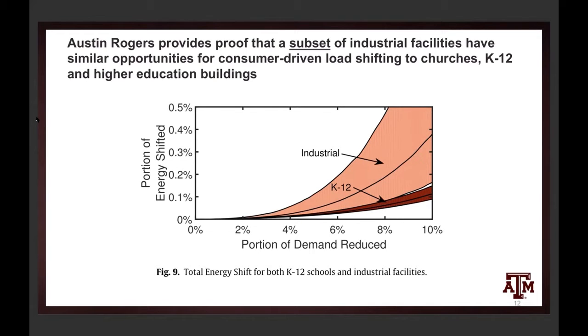Very similar, actually, to those found in the best group of facilities where load shifting could be achievable, which are churches, K through 12 education buildings and higher education buildings.